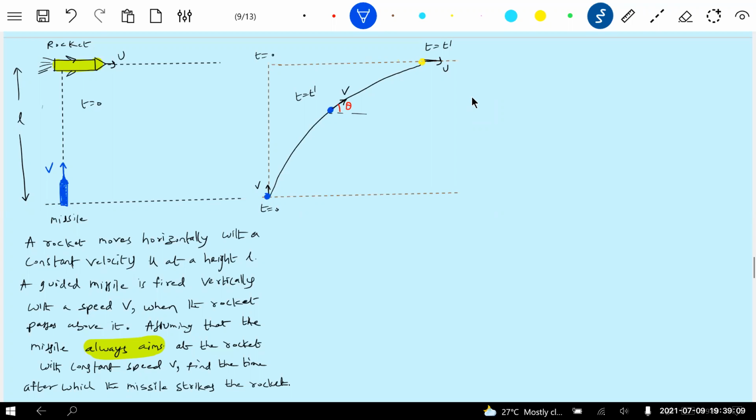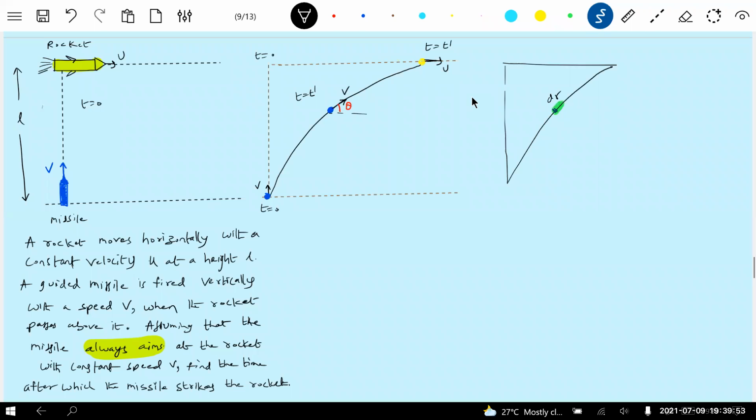Okay, this much is what I can draw in the diagram. Now look at the distance between them. The distance is what we'll take. This is dr. This distance will be dr. Okay, I agree.